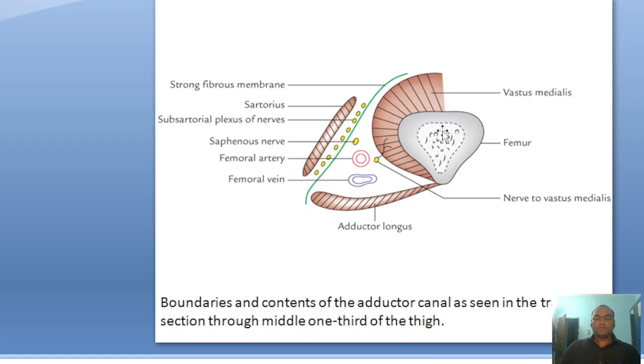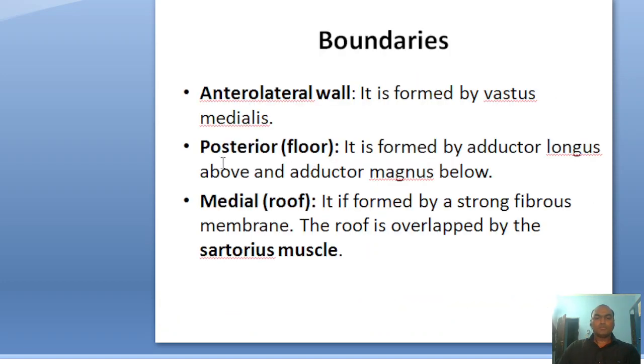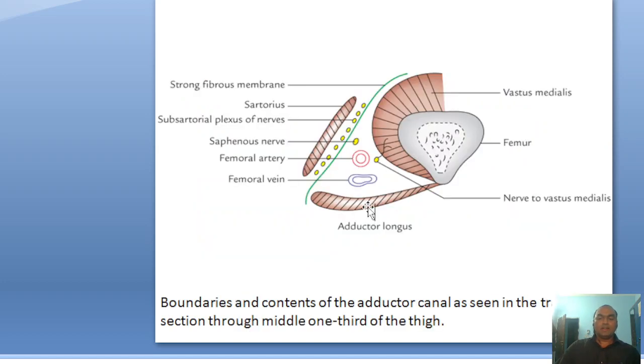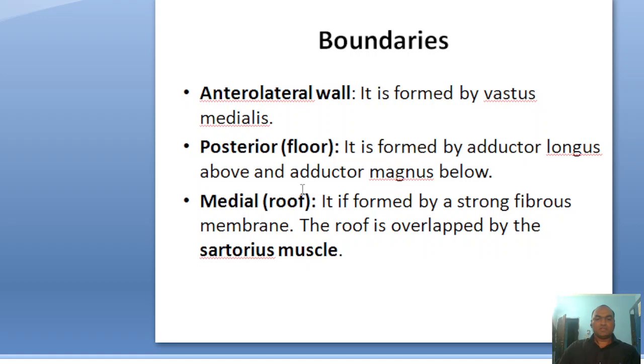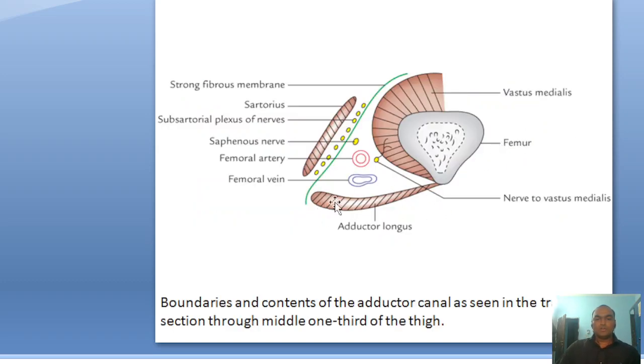The posterior wall or floor is formed by adductor longus above and adductor magnus below.